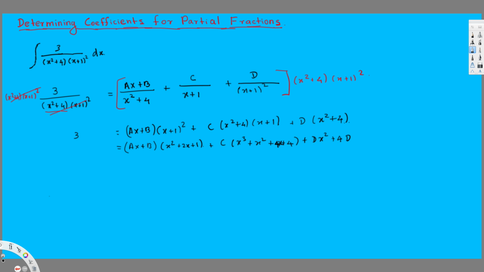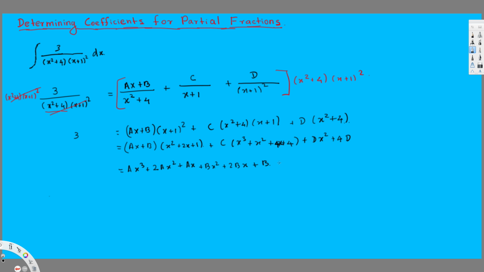And also we have to multiply everything, because we are going to equate the powers. So for the first one, it's going to be ax cubed plus 2ax squared plus ax. Then if I multiply b with these things, this is going to be bx squared plus 2bx plus b.